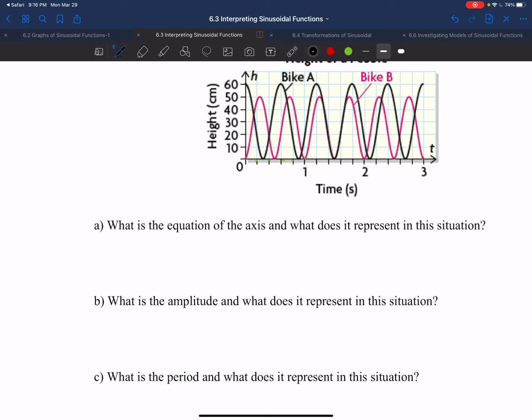So the equation of axis for bike A is height, or I'll just say y, is 30. For bike B, if the maximum point is 50 and the minimum is 0, that'd be 25.